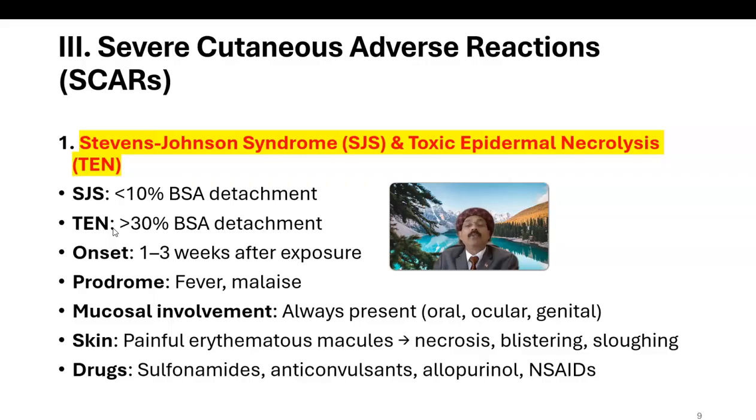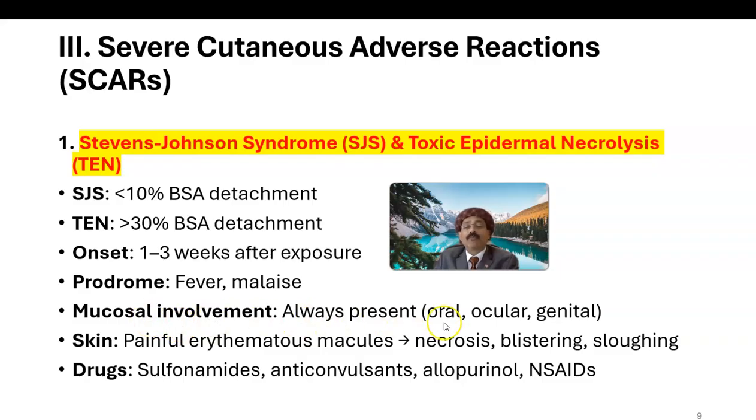TEN, or toxic epidermal necrolysis, has greater than 30% body surface area detachment. Something between 11 to 29% is in between SJS and TEN. Onset 1 to 3 weeks after exposure. Prodrome: fever, malaise.